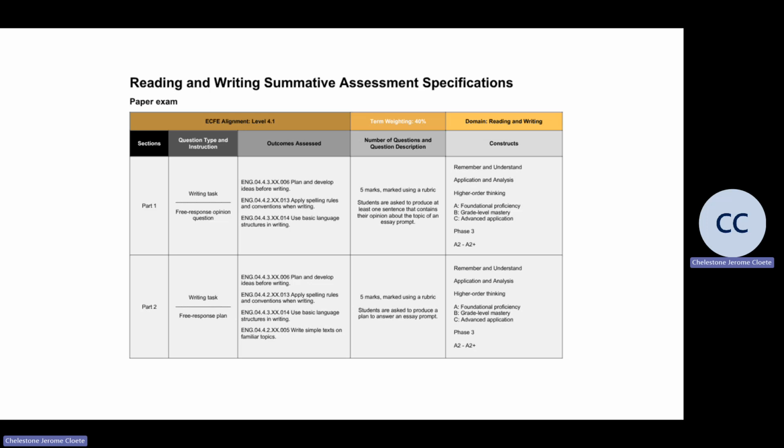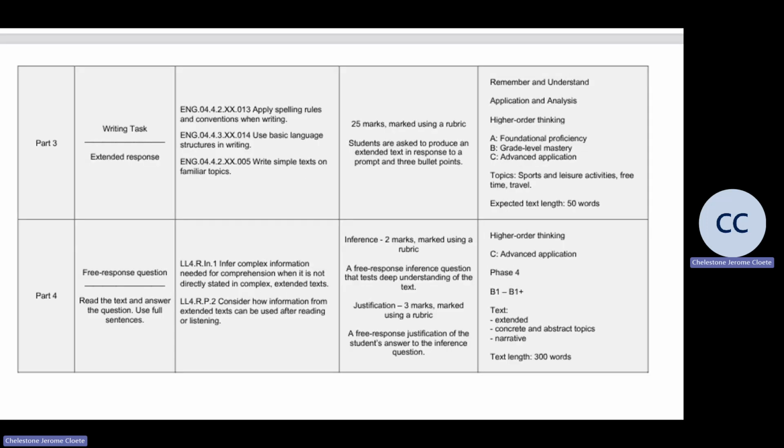Then you have part 2, which is your planning, free response plan, also 5 marks, marked using a rubric. You are asked to produce a plan to answer an essay prompt, and then you use those opinion and planning questions in your part 3, your extended response, which would be 25 marks.